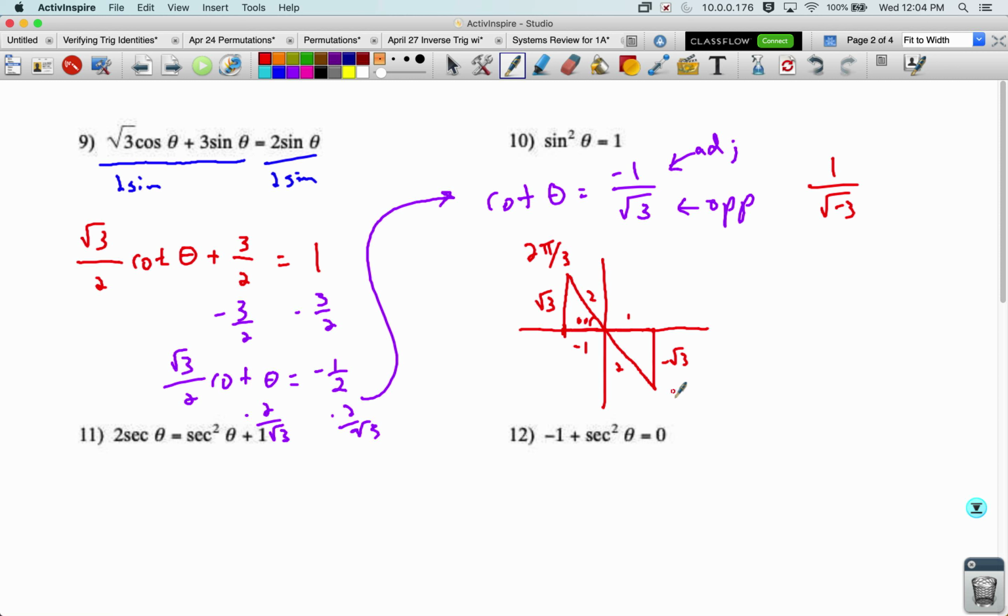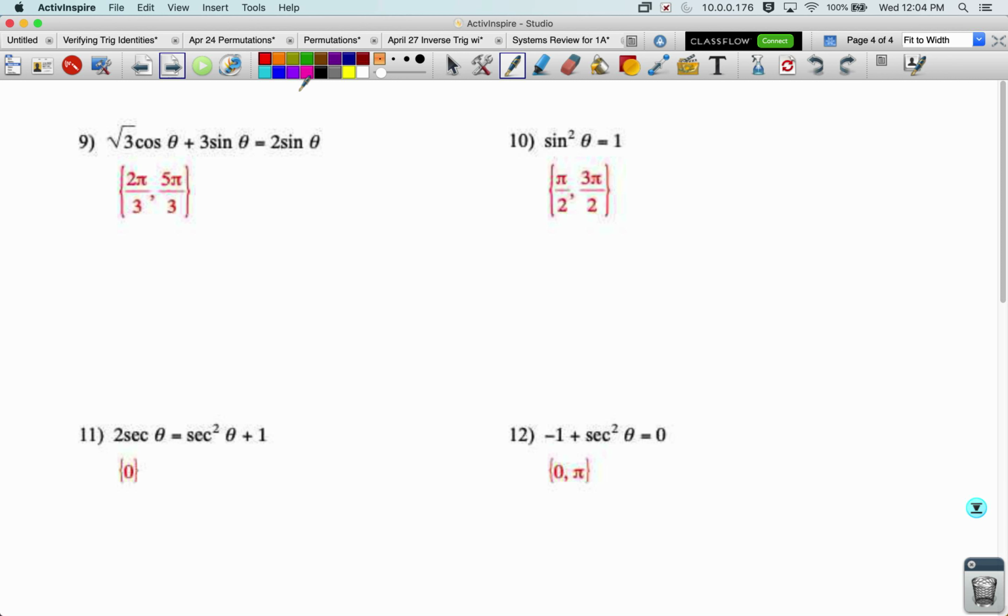And I think a full revolution would be 6 pi over 3, so 5 pi over 3, I believe, for that angle there. So 2 pi over 3 and 5 pi over 3. This will be a good one to double check for number 9. 2 pi over 3, 5 pi over 3.